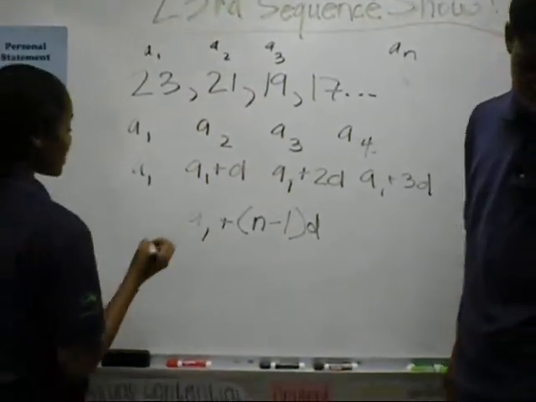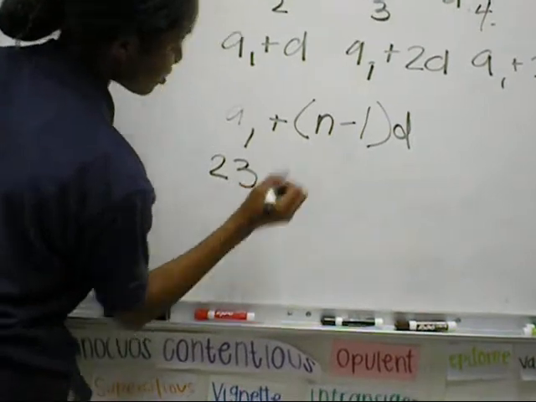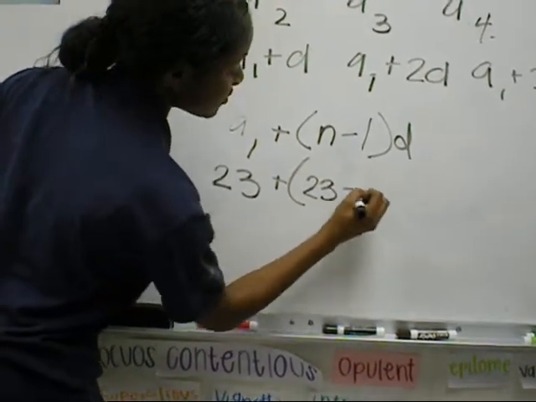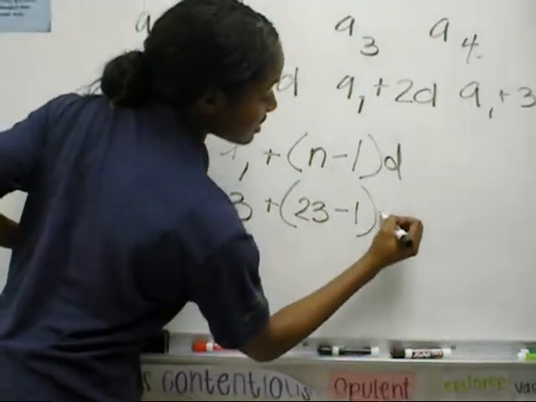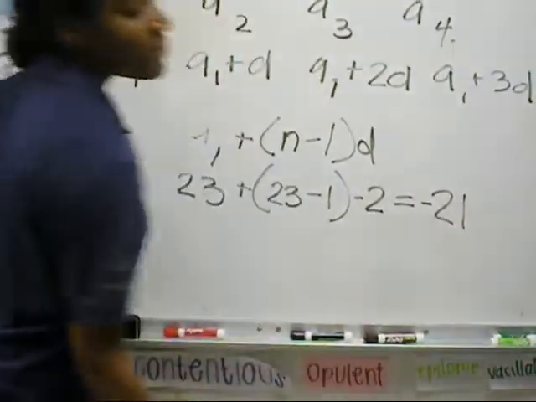Irvin, what's the answer? Negative 21. Correct. When you plug in the numbers, 23 for A1 plus 23 for N, because we're looking for the 23rd term, minus 1 times D, which is negative 2, that all equals negative 21.